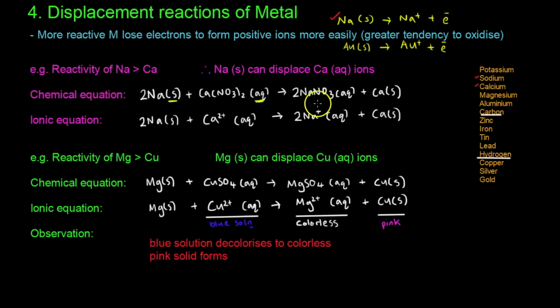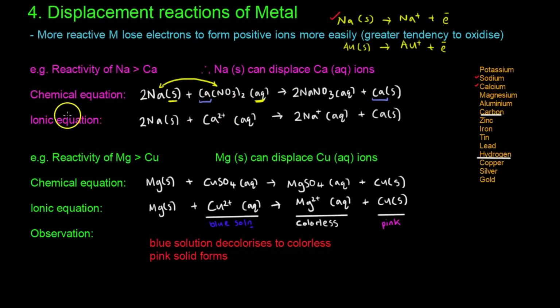They basically swap places. Now sodium takes over the nitrate to form sodium nitrate and kicks out the calcium. He's like, because I'm more reactive than you, you have to get out and let me take your place. Now calcium becomes a solid and sodium nitrate forms aqueous. This is a chemical equation that we are familiar with.